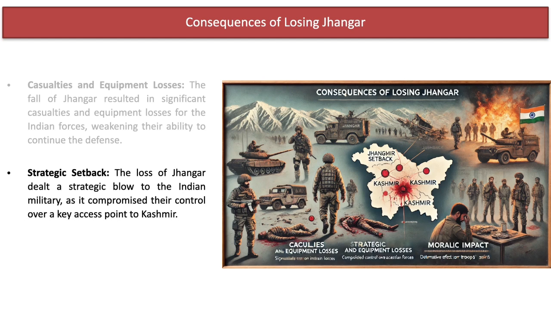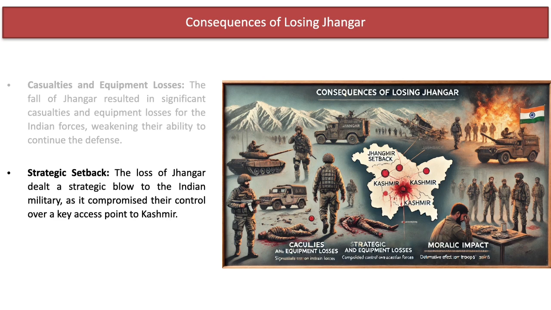The loss of Jhangar was a significant strategic setback for the Indian military, impacting their overall position in the conflict. Jhangar was not just a piece of territory, it was a critical access point to Kashmir, a region that was crucial for both sides. Holding Jhangar meant having a strong defensive position and control over vital routes into Kashmir.